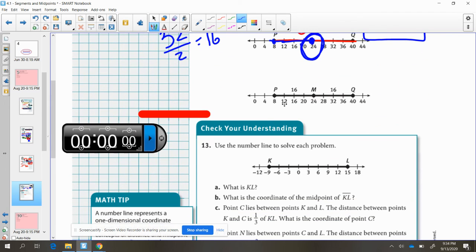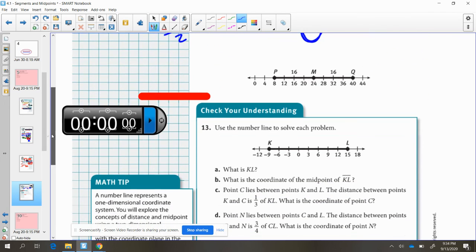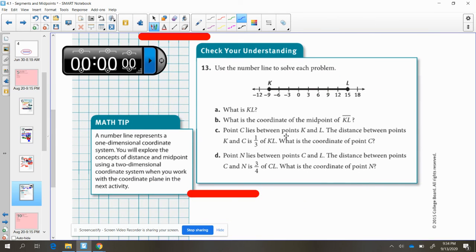They show us that on the picture below. So what we want to do now is that same process for number 13. From K to L, we start at -9 and move to 0, that's 9, plus another 15. 9 plus 15, KL is a total of 24 units long.